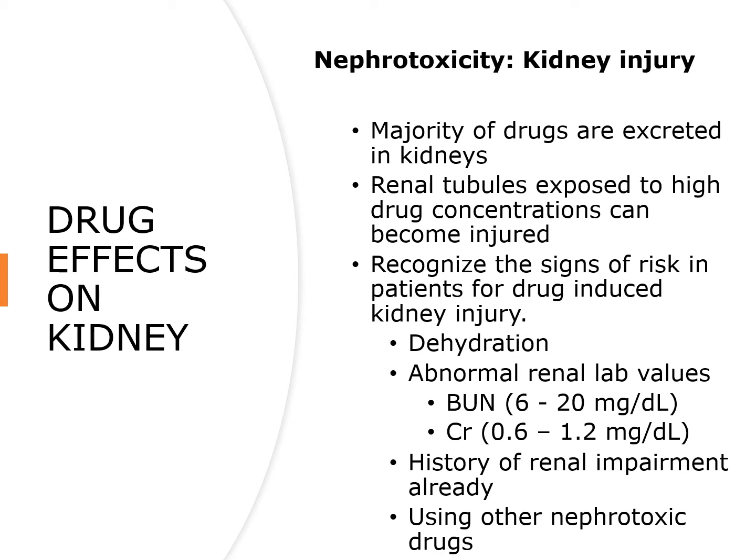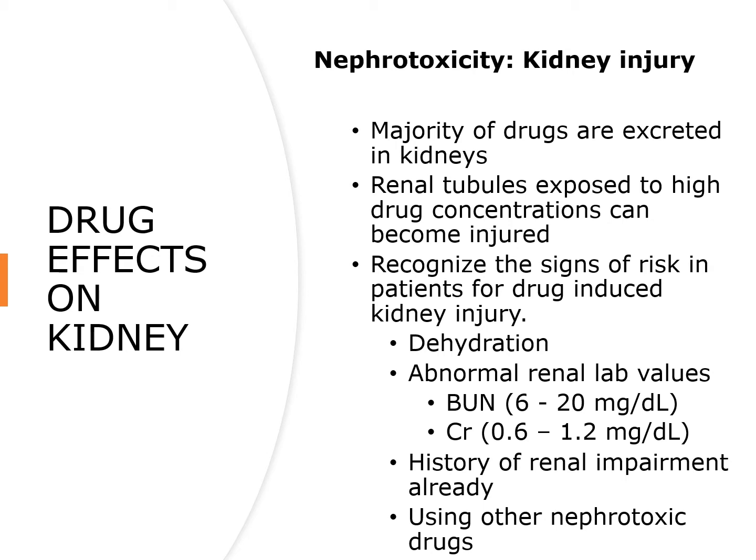as well, if you already have weak kidneys, point number 3, a history of renal impairment, and now you're using a nephrotoxic drug, so let's just say each kidney has about 1 million nephrons. So you got 1 million on the left, 1 million on the right, assuming you have 2 kidneys.